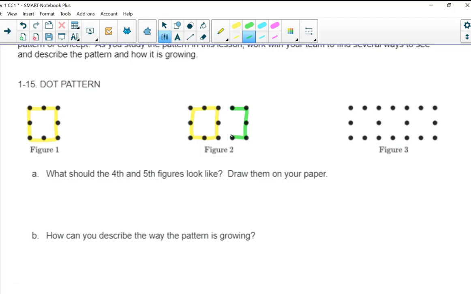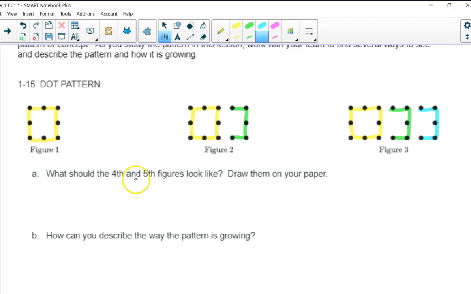So I'm adding this little backward C. So let's go to figure 3. All right, here's my figure 1. Here's what we added to get figure 2. And then figure 3, oh, I added another backward C. So you can see it's kind of growing by this backward C each time.